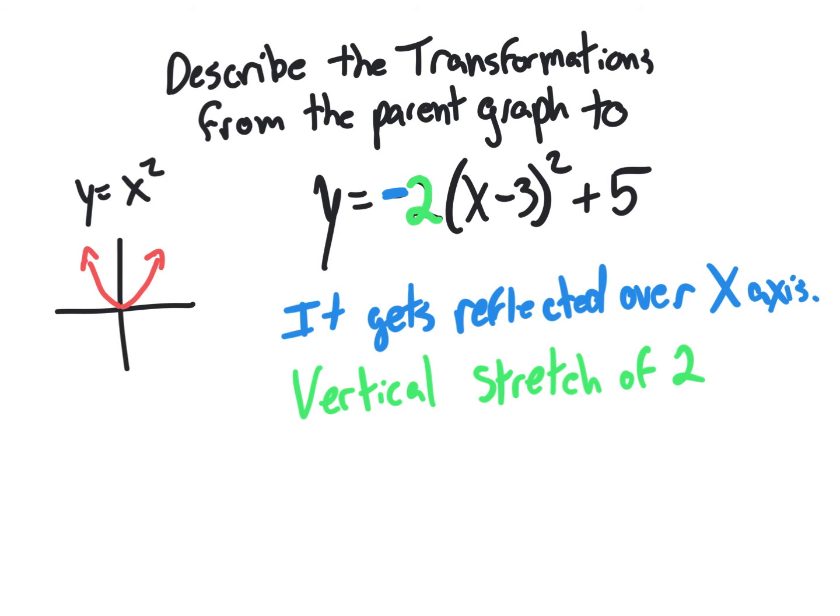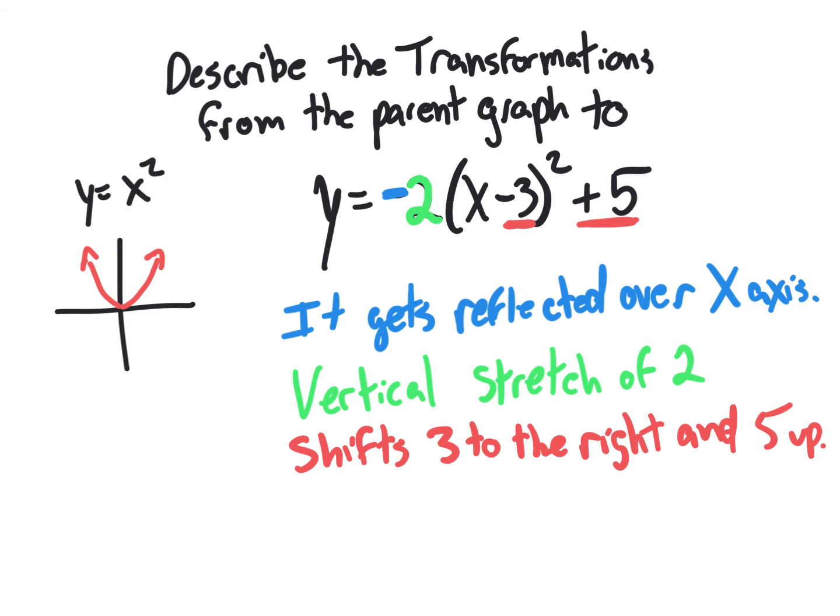Okay. As for the final transformations that we read, we already did the negative sign, a reflection over the x-axis, vertical stretch of 2. Then we have the h value of positive 3, and the k value of positive 5. Those are the shifts. So you would say your final transformations are that it gets shifted 3 units to the right and 5 units up.